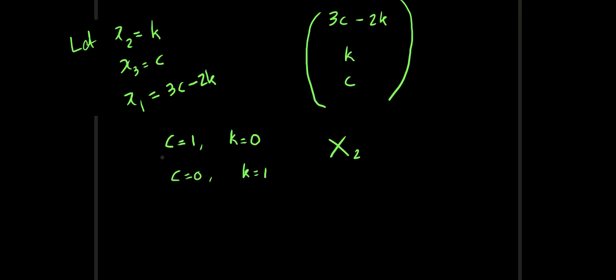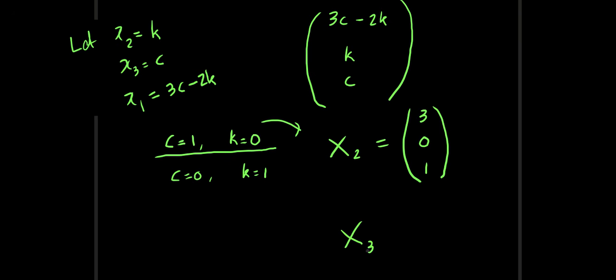So putting c equal to 1, we get 3 into 1 minus 0, then k is 0 and c is 1. And for the other vector, I'm going to put c equal to 0, so I'm going to get minus 2, 1, and 0. So look at this. This is how we find the eigenvectors when we have repeated roots.